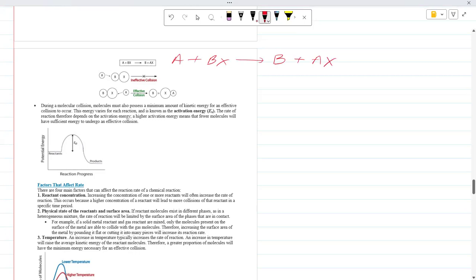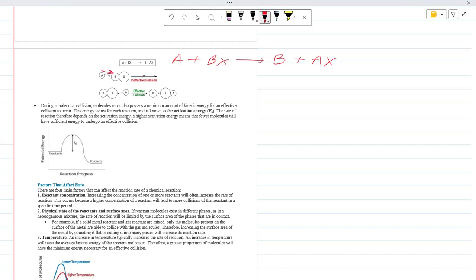Okay. So let's look at the first diagram. Now, assuming that the molecule A collides with the reactant BX from the side of B.